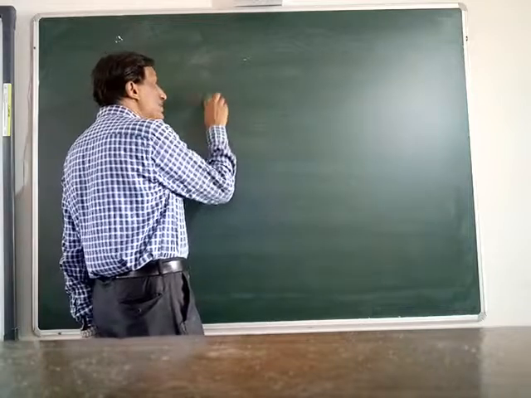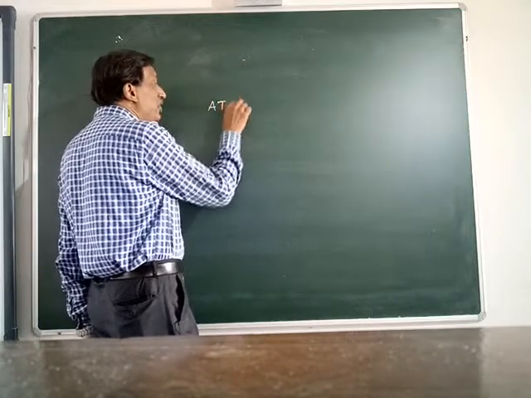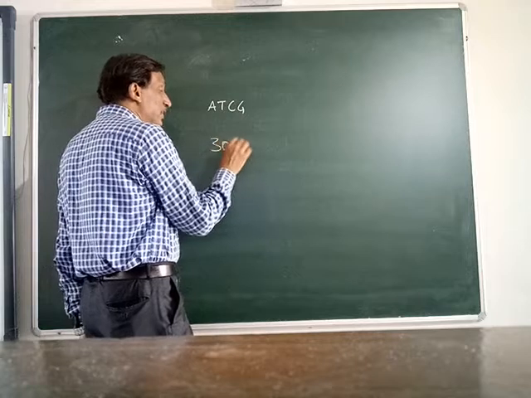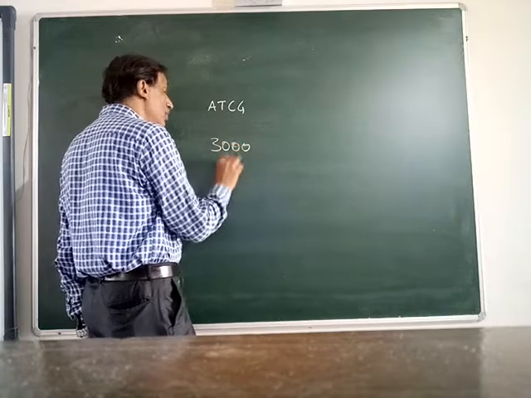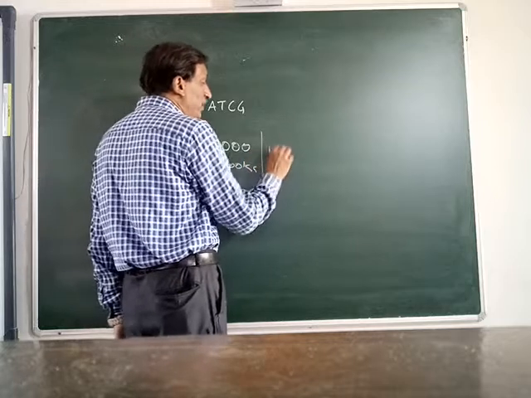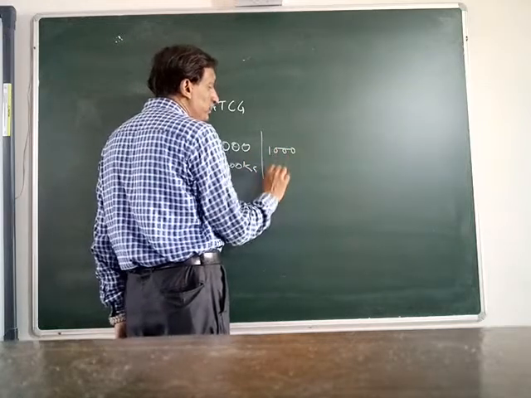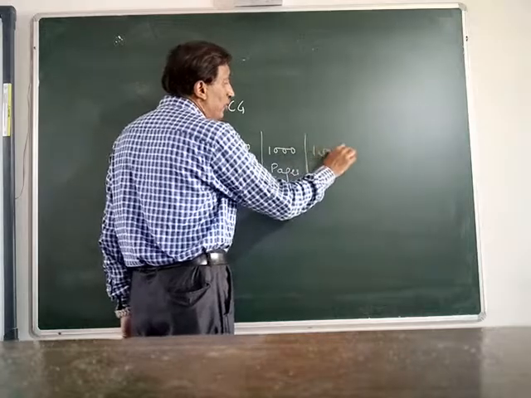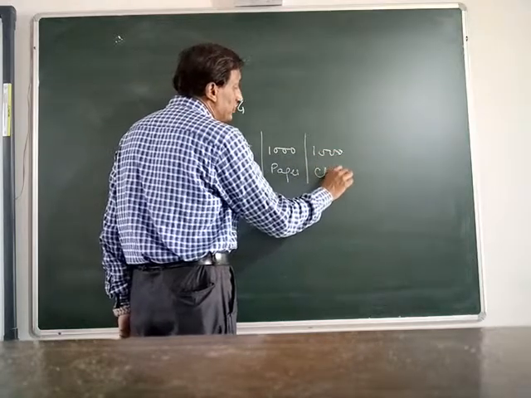Each nitrogen base is marked by A, T, C or G. So what information is required? That is 3000 books with 1000 pages, and each page should have 1000 characters.